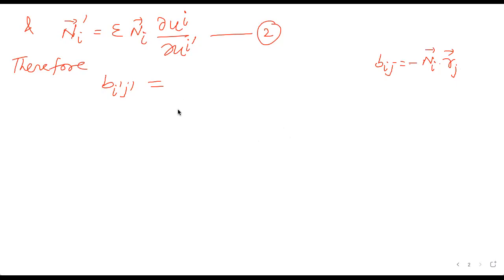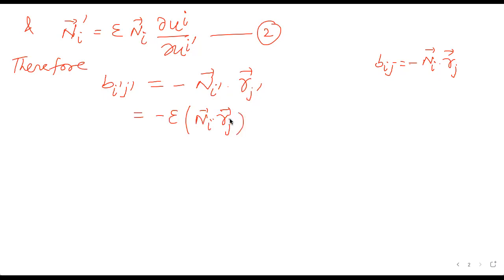So b_i'j' is what? Minus n_i dash dot r_j dash. This is the formula. So minus n_i dash is minus epsilon n_i dot r_j, है ना.